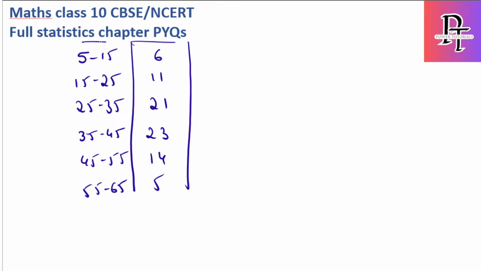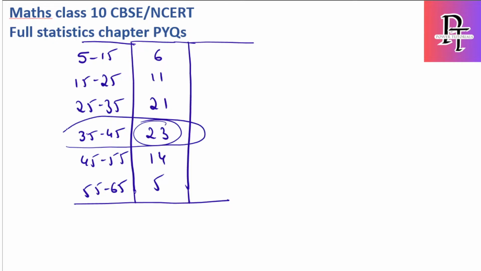From now we have to solve for the modal class. For the modal class, first I need to write whichever is getting the maximum value. That will be the modal class. So which is having the highest frequency here? So this is the modal class. They have clearly provided it in this way, but there can be cases where they provide less than 15, less than 25.